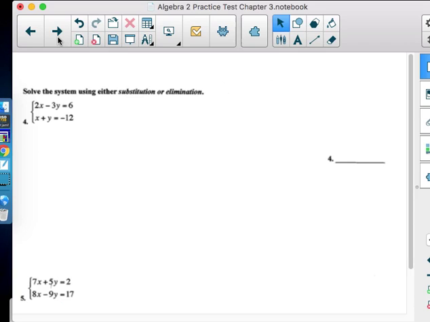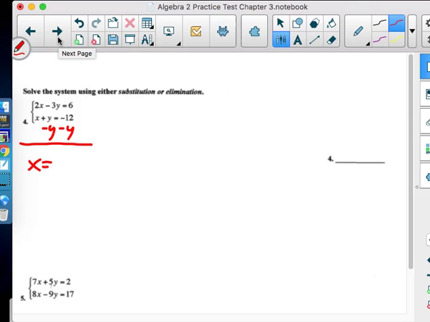You want the x or the y by itself? X? Sounds good to me. And again, you could put x equals negative 12 minus y, or negative y minus 12. It's exactly the same thing. So now we have to put that in that top equation.